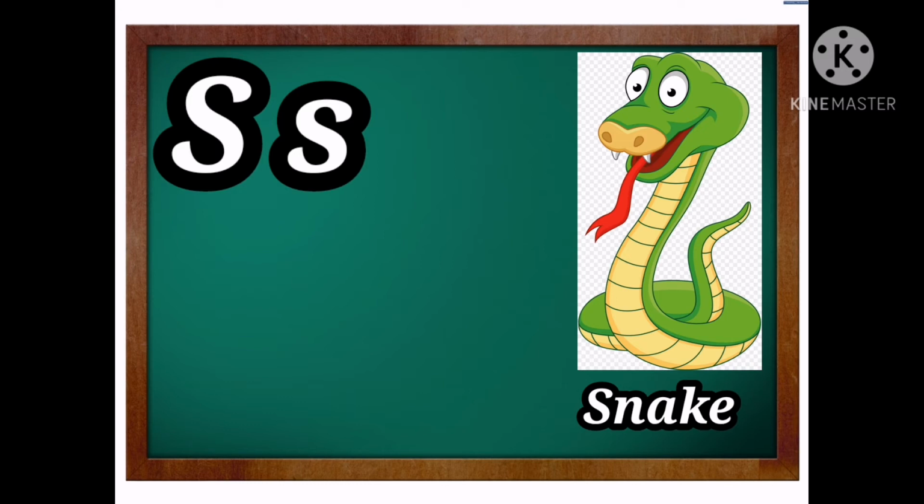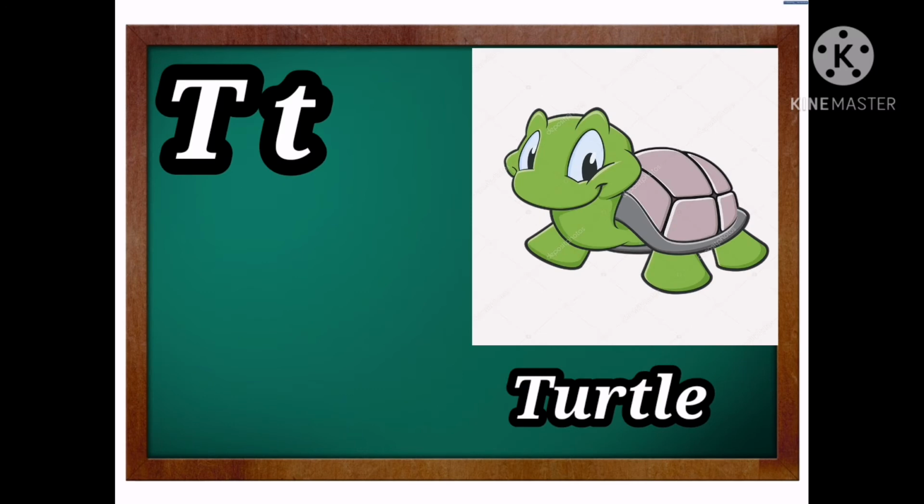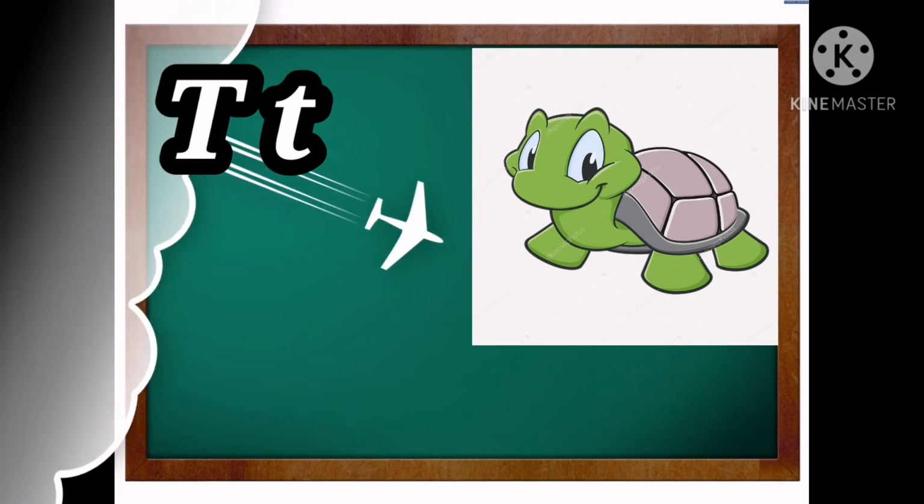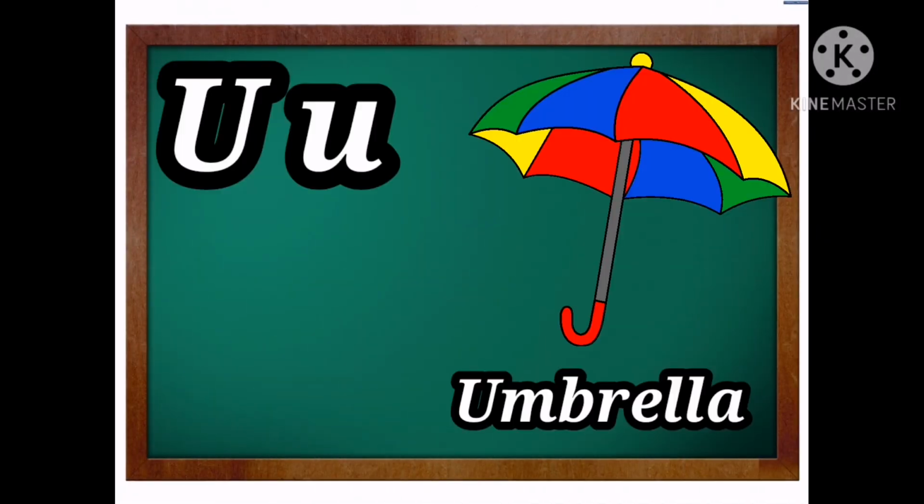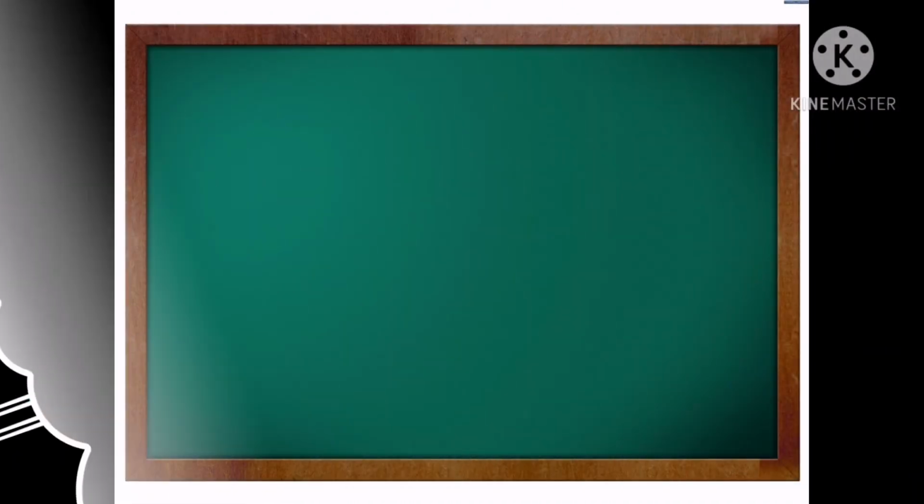Learners, impressive. T for turtle. Learners, perfect. U for umbrella. Learners, impressive.